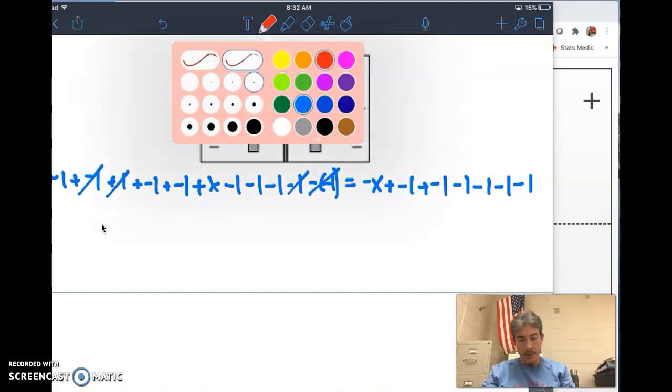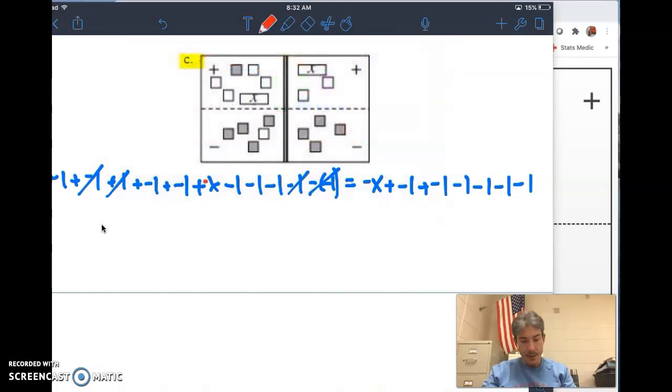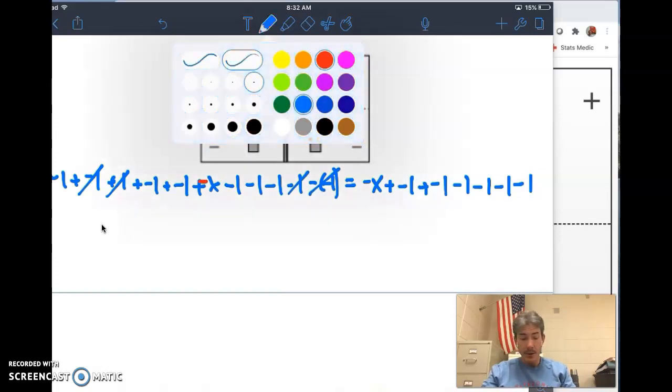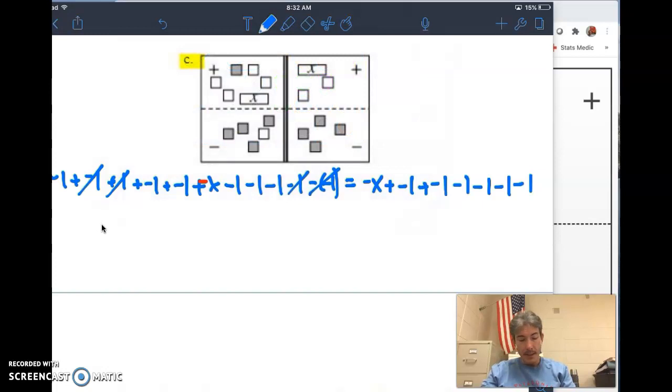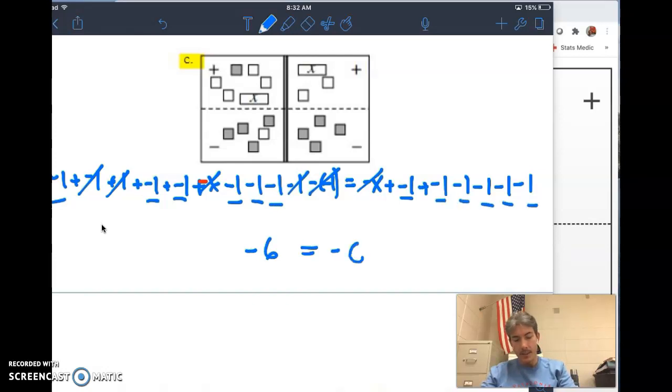Let me correct this. This X should be negative. Sorry about that, because that is going to make all the difference in the world, right? Now I can cancel this X from both sides, and let me just clean this up a little bit too. 3, 4, 5, and 6. This is -6, and this is going to be 1, 2, 3, 4, 5, and 6. This is going to be -6, and at the end I canceled -6 from both sides, and we ended up with this.